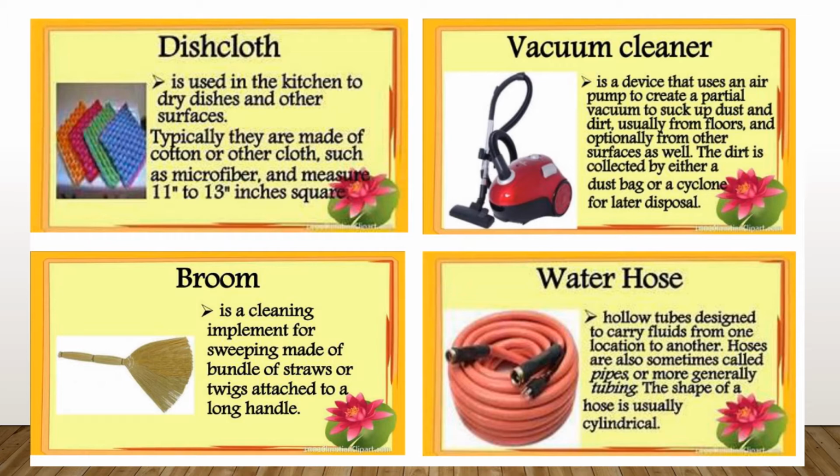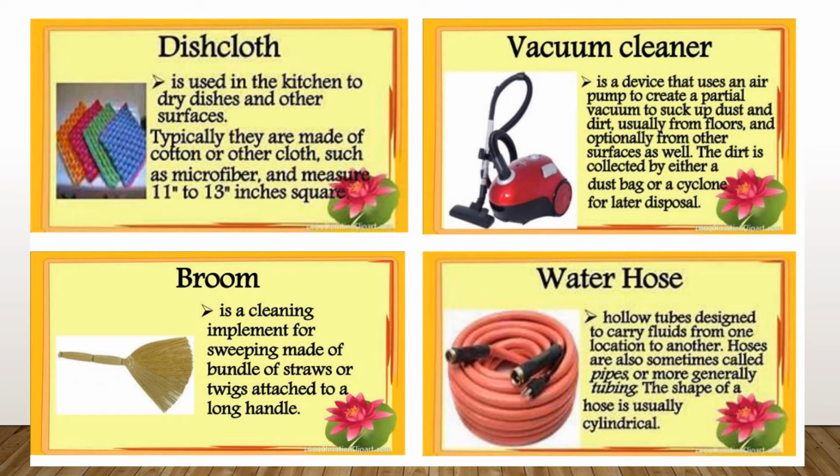Vacuum cleaner is a device that uses an air pump to create a partial vacuum to suck up dust and dirt, usually from floors and optionally from other surfaces as well. The dirt is collected by either a dust bag or a cyclone for later disposal.